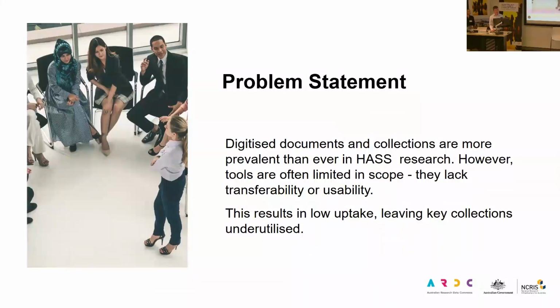Well, working with digital resources is becoming increasingly common in HASS research, as we've covered today. And a number of common tools and formats exist, which is fantastic. However, limitations with this tooling inhibit uptake and therefore limit the value that can be gained. This project will deliver specific software tooling to address important gaps and to increase the usability and reusability of digital resources in HASS research.